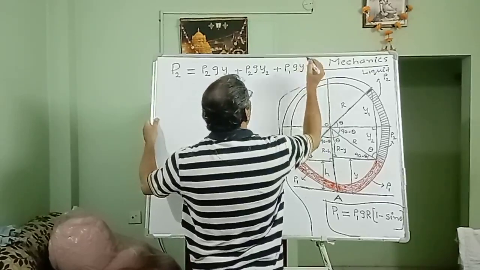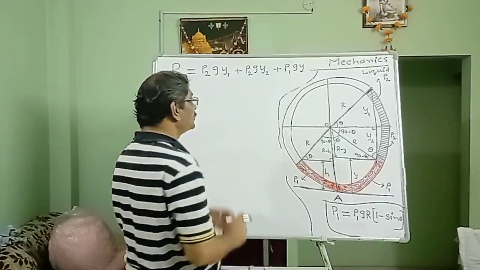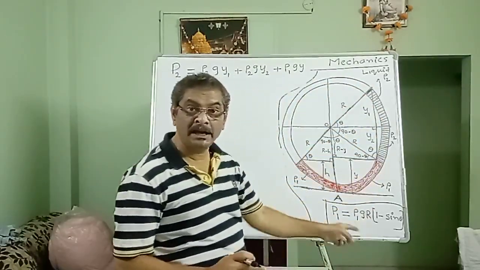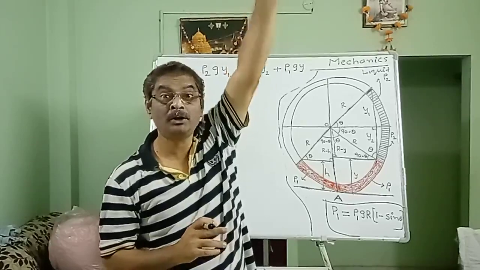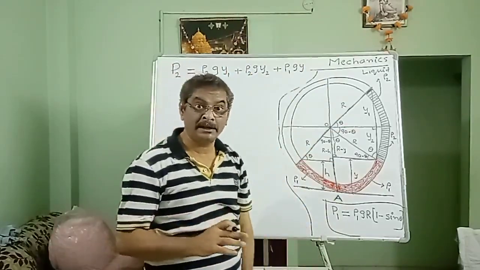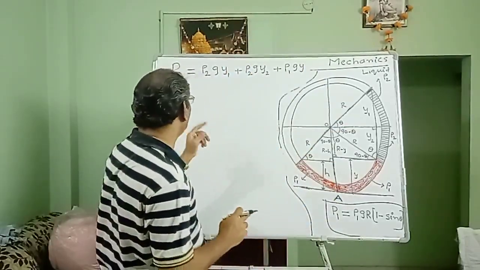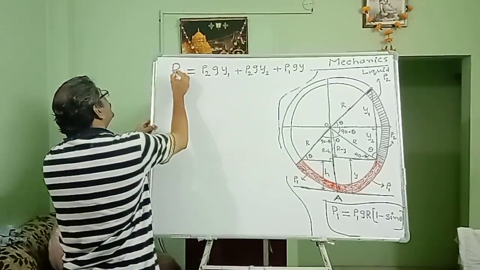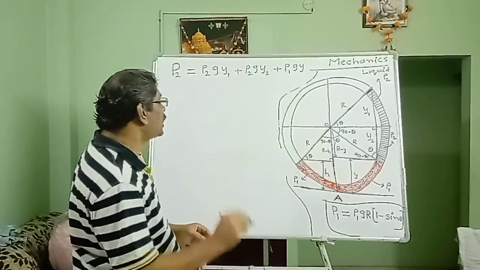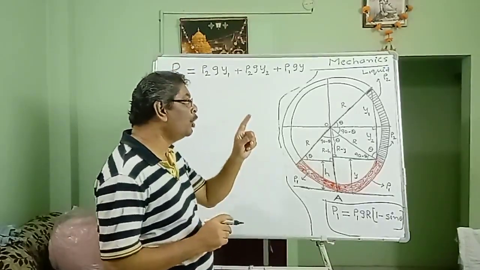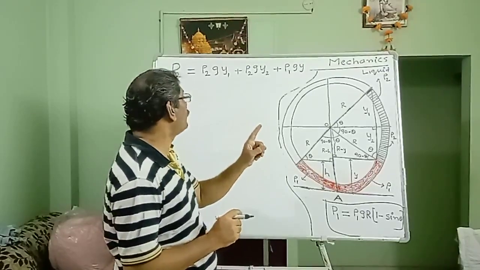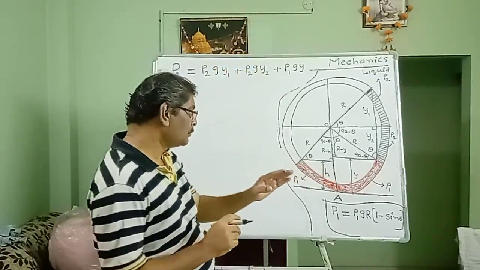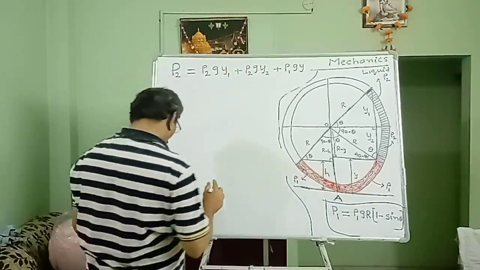y. Now this will be the total pressure that will be exerted by the right column at the point A, that will be given by P2 equals rho 2 g y1 plus rho 2 g y2 plus rho 1 g into y.